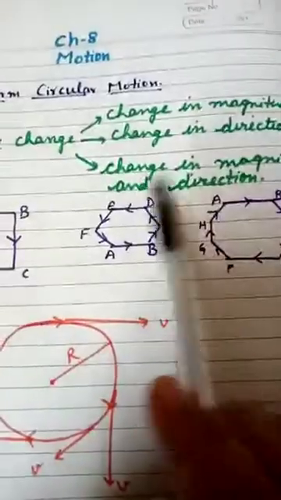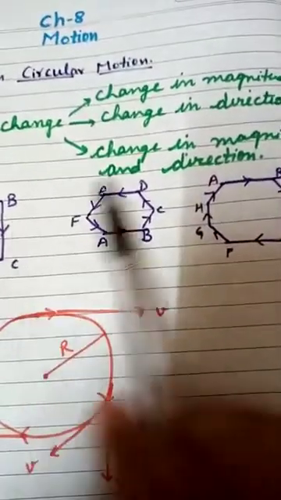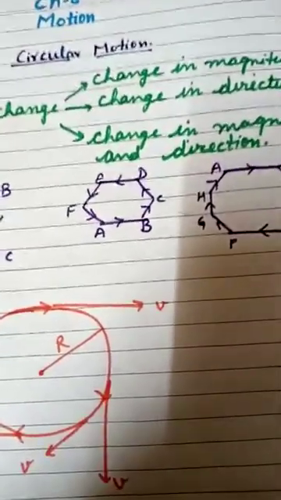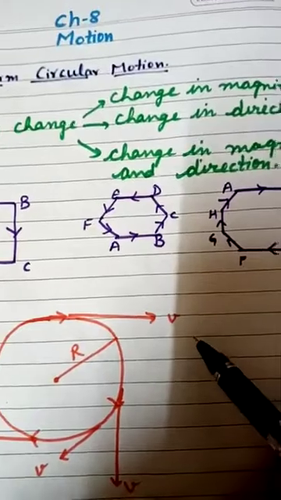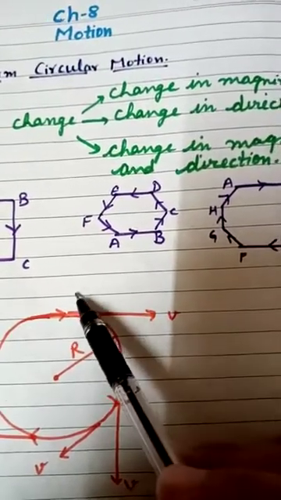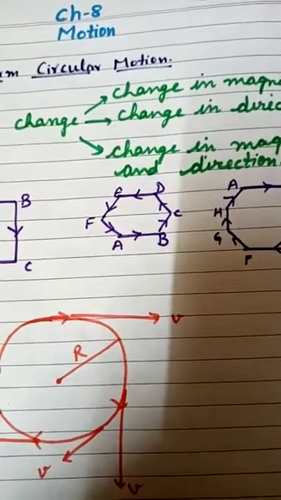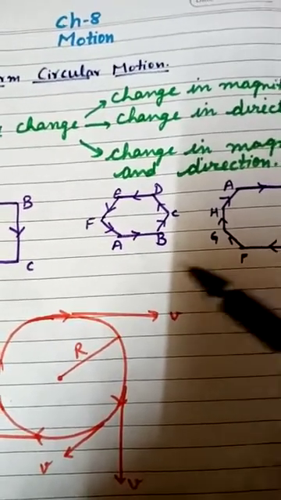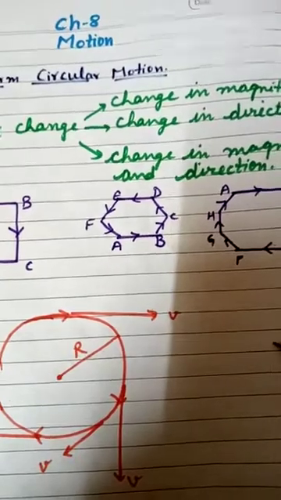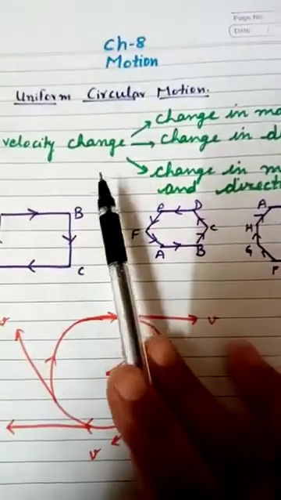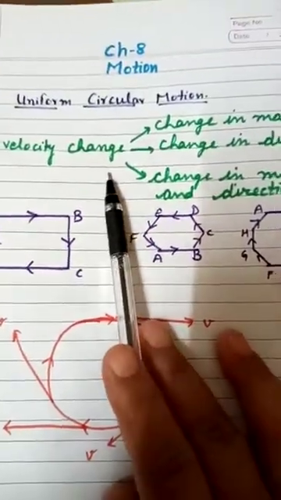And second is change in direction. The object is moving with uniform speed, but it changes direction. Earlier suppose it is moving towards east, now it takes a turn and moves towards the south. So there is a change in direction, and we will consider that velocity changes.